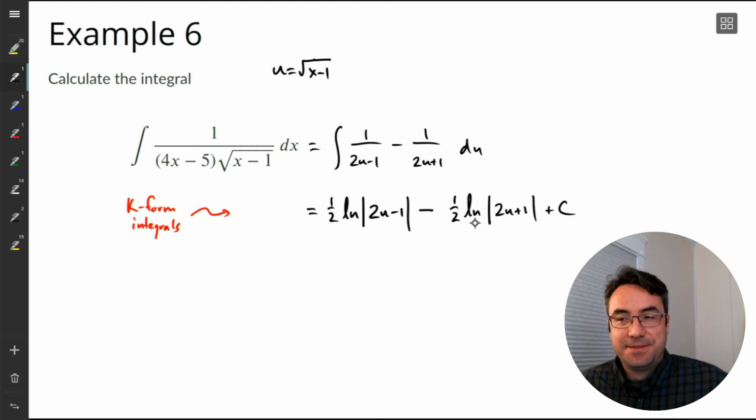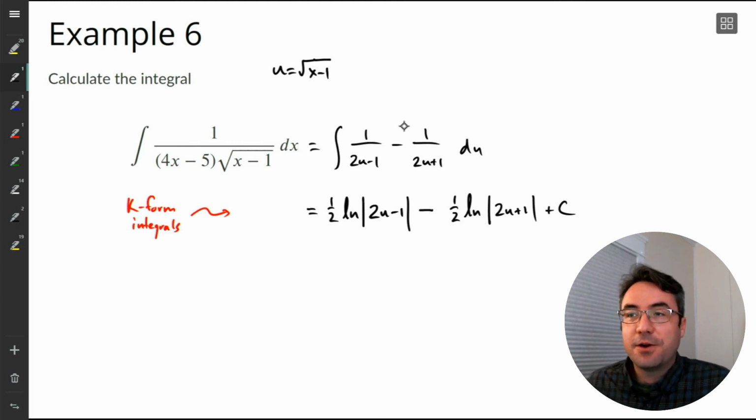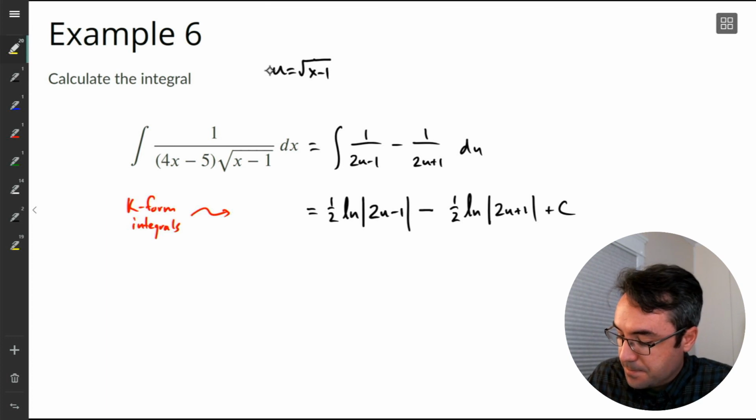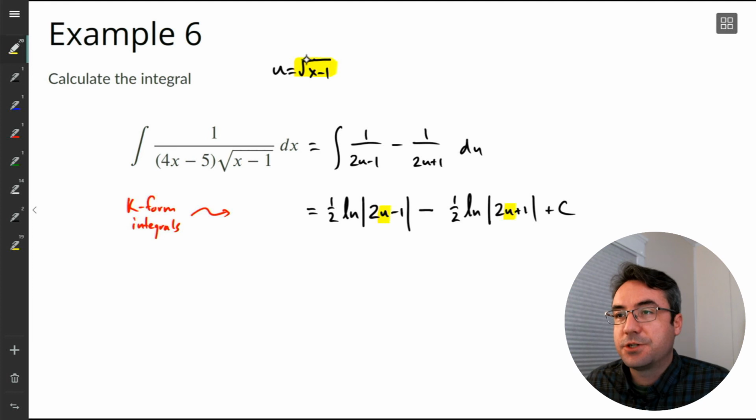And to finish our work, we have to convert back. Our original function was in terms of x. Now we need to convert back. So wherever we see a u, we're actually going to plug in what x is.